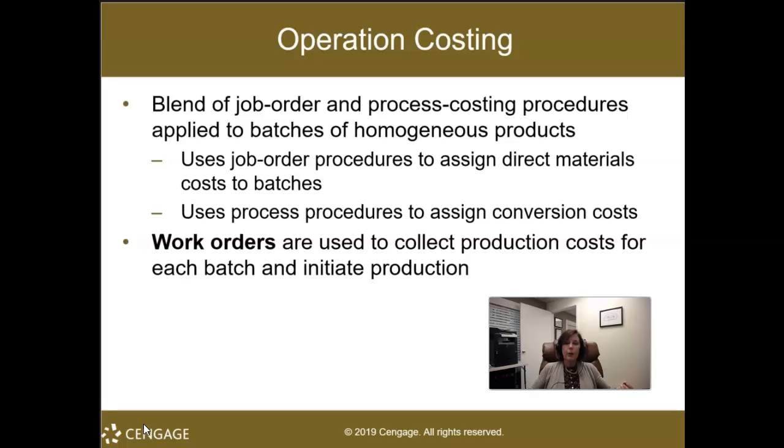Now your book gives an example, and I probably couldn't come up with a better one, so I'm just going to steal it, of women's skirts. Now for the most part, a skirt is kind of going to be a skirt. However, what you manufacture that skirt out of will differ widely in terms of what you can sell it for, and maybe to a smaller extent the processes that are involved.